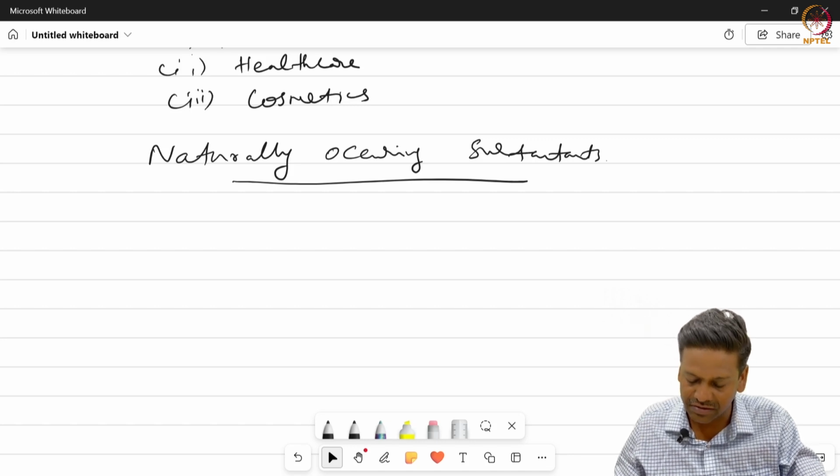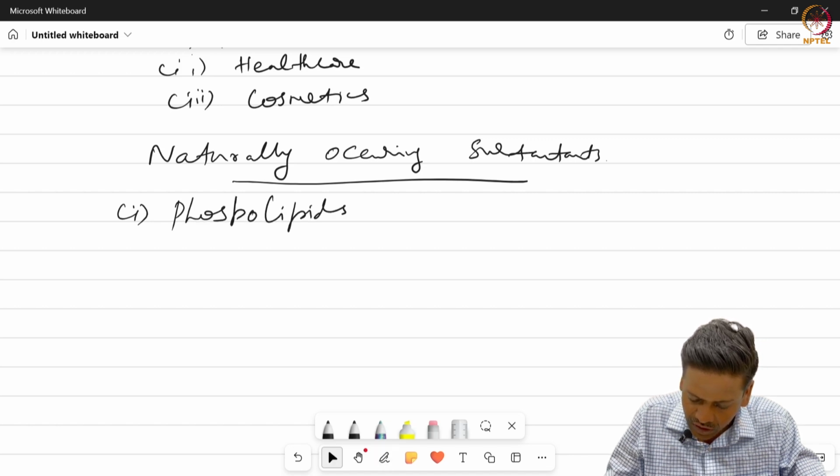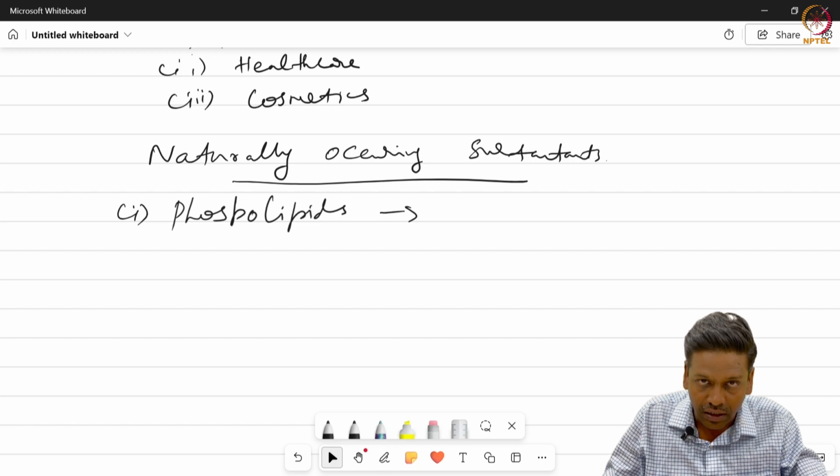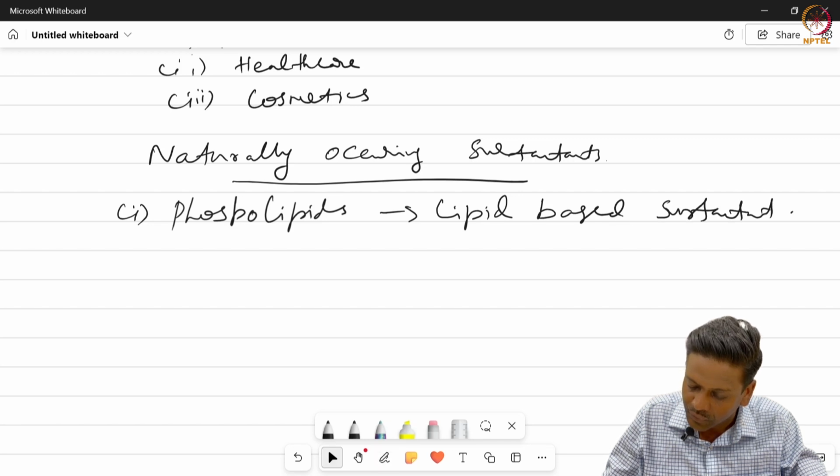These surfactants exist in nature. For example, I can give a good example of phospholipids. This is usually a lipid based surfactant. It usually contains two tails.